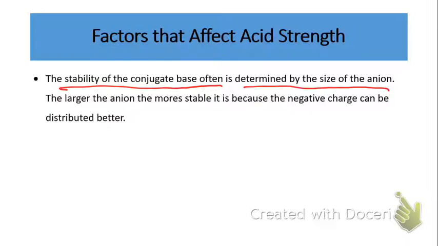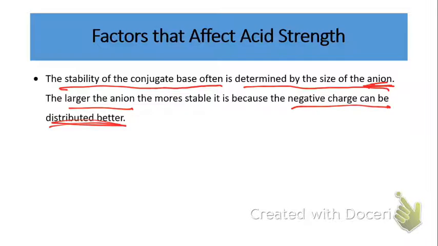In other words, the bigger the anion specifically, because anions are bases. The bigger the anion, the more stable the conjugate base is, and that is because the larger anion is able to hold negative charge distribution much better.